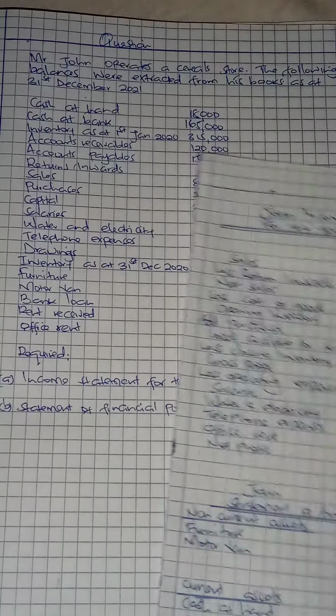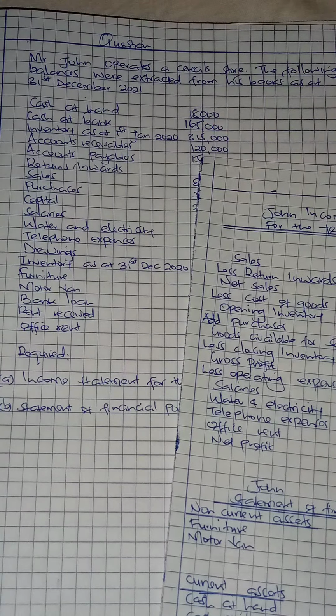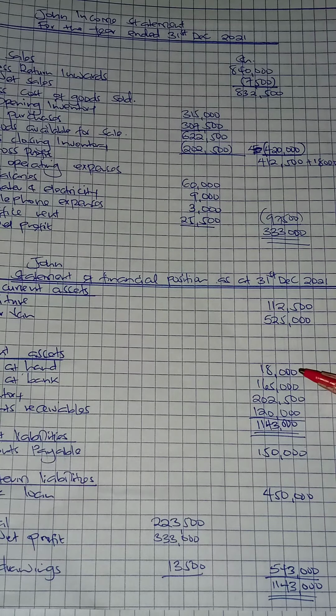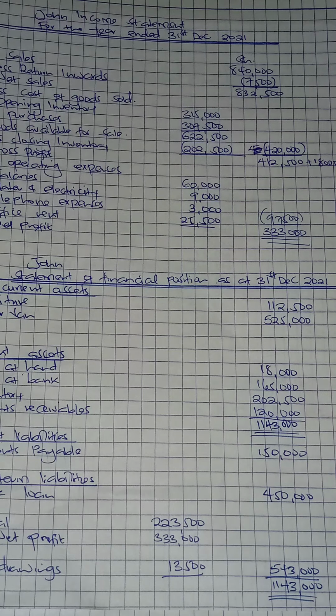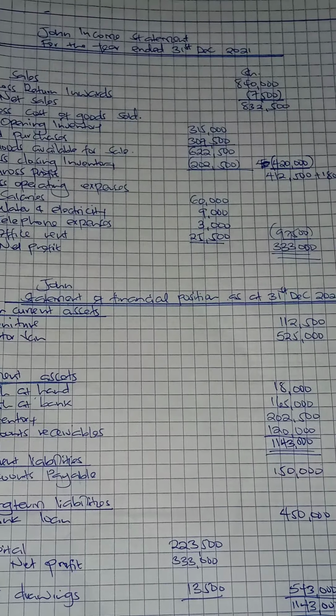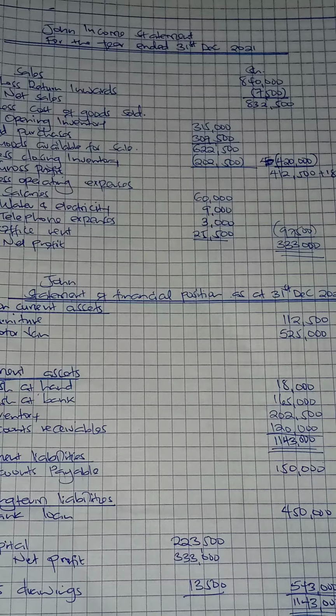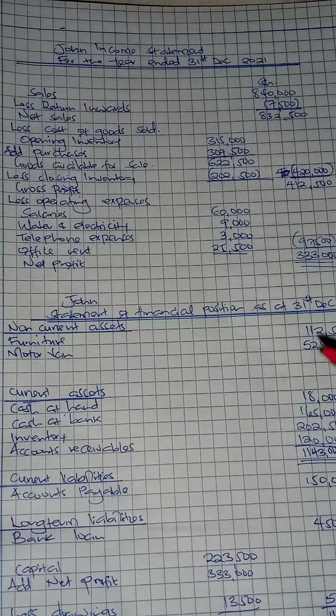When you look at our illustration, we have 18,000 and 165,000, and this is what we have here: cash at hand and cash at bank, 18,000 and 165,000. Then we go to inventory.